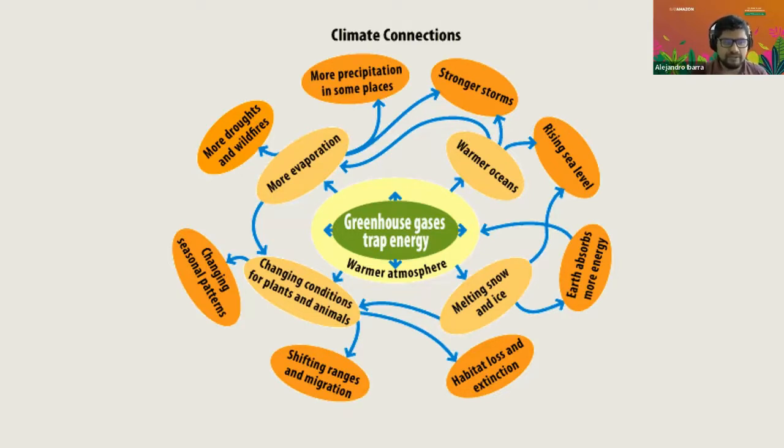In this interconnection, we can see that there are changes in seasonal patterns, there are more droughts, there are stronger storms, and the sea level is increasing, not because the North Pole is defrosting, but because we are creating conditions for the water to increase in warmer oceans. We are killing the vegetation, killing the animals.